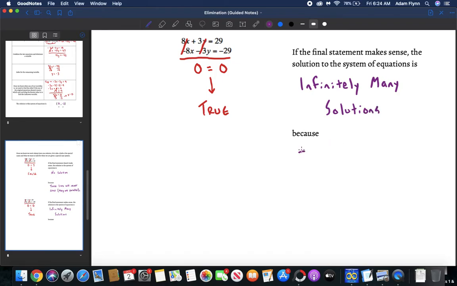Because these lines intersect at every point. By this I mean they are the same line.